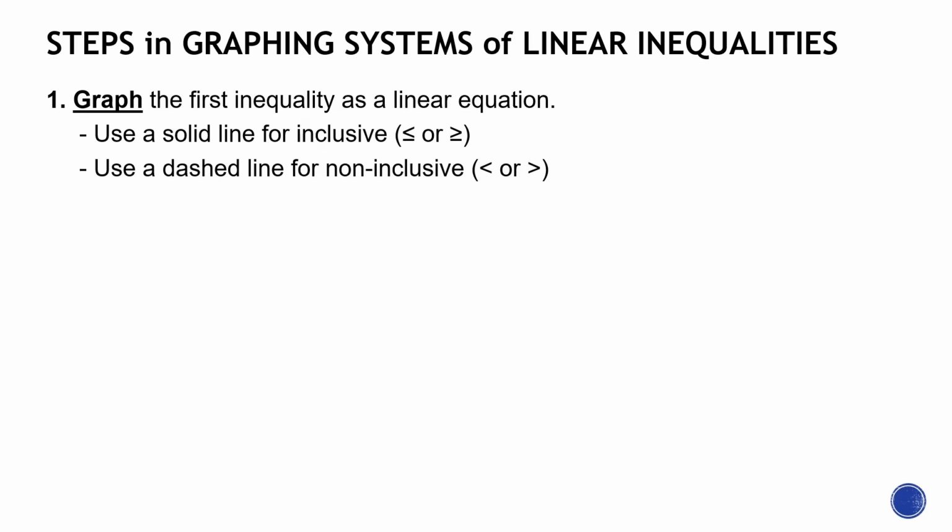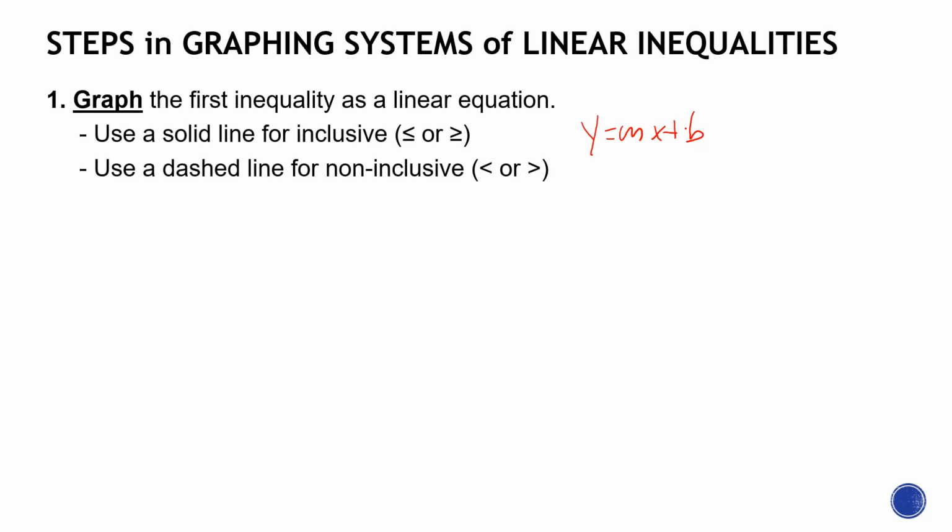Step number one, graph the first inequality as a linear equation. But here, what I will do is I will utilize the y equals mx plus b. So we will convert each linear inequality into y equals mx plus b.